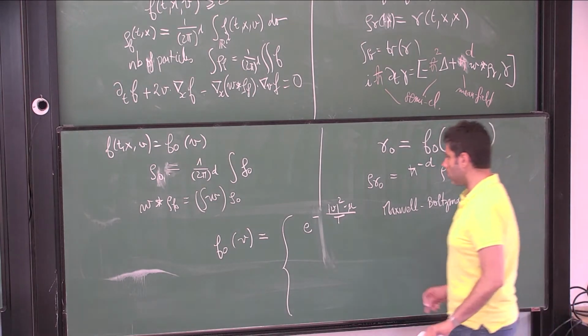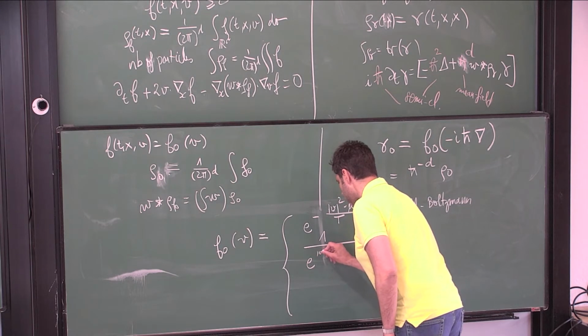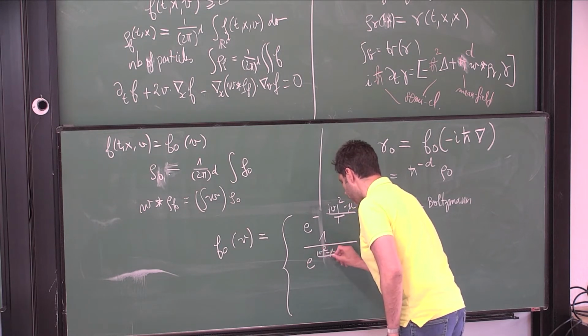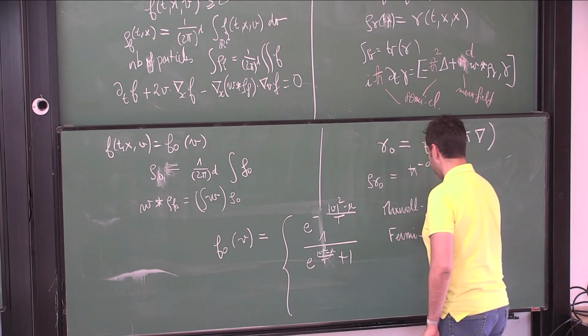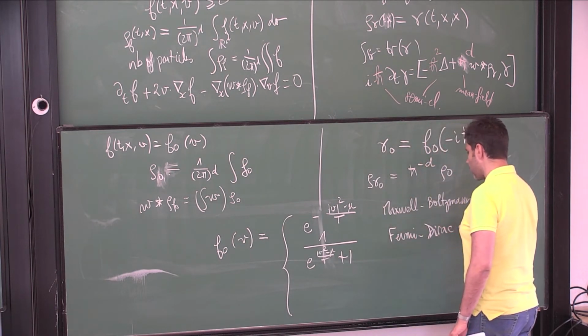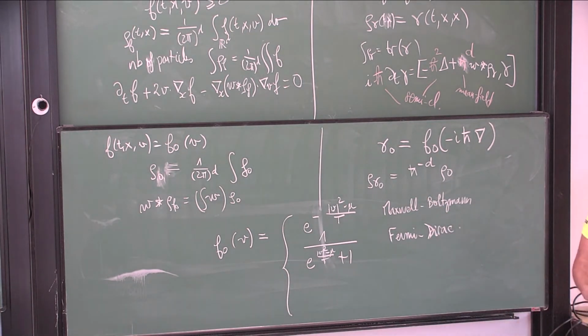We will also look at the Fermi-Dirac distribution, which for electrons is the one you should take into account, so that's Fermi-Dirac. For very large velocities, it's a bit the same as Maxwell, but for small velocities, it's different.